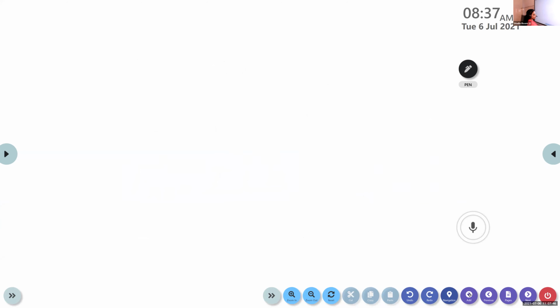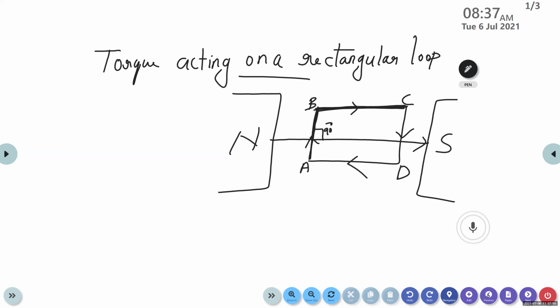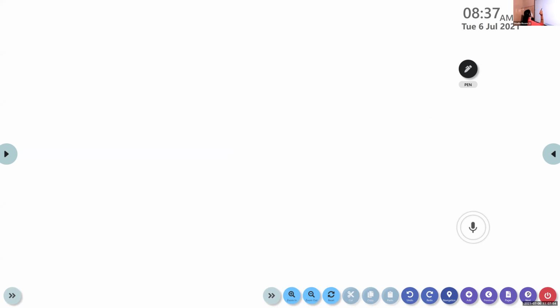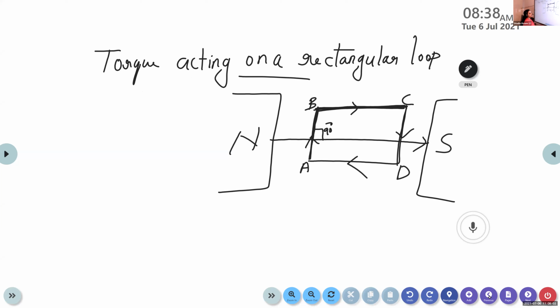Now we want to find out the force acting on the side CD, FCD. What about the force acting on the side CD? How can we find out an expression? What about the angle between the magnetic field and the length of the side of this rectangular loop?